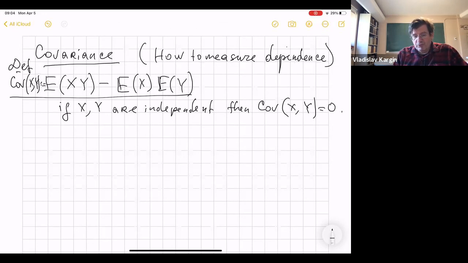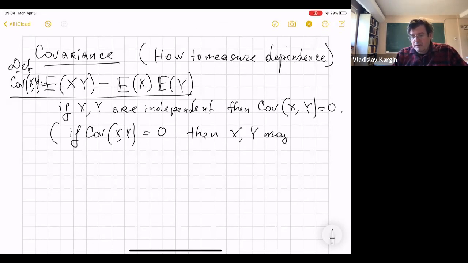If the covariance of X and Y is equal to 0, then X and Y may be dependent. So it's not true that if the covariance is equal to 0, then they are necessarily independent. They could be dependent as well.